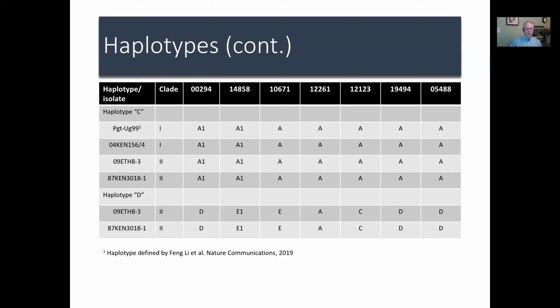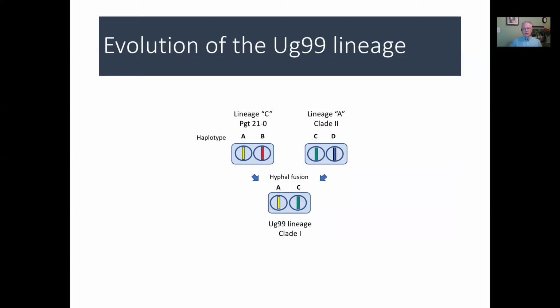And then corresponding, the other nucleus or another haplotype found in this genetic group is defined as haplotype D, as in the original figure. So, as a quick summary, we've shown that the evolution of the UG99 lineage resulted from donation of haplotype A from lineage C and haplotype C from clade 2 or lineage A.